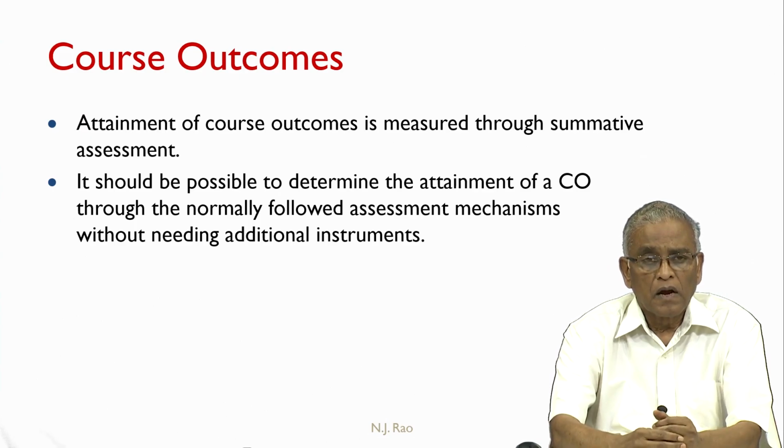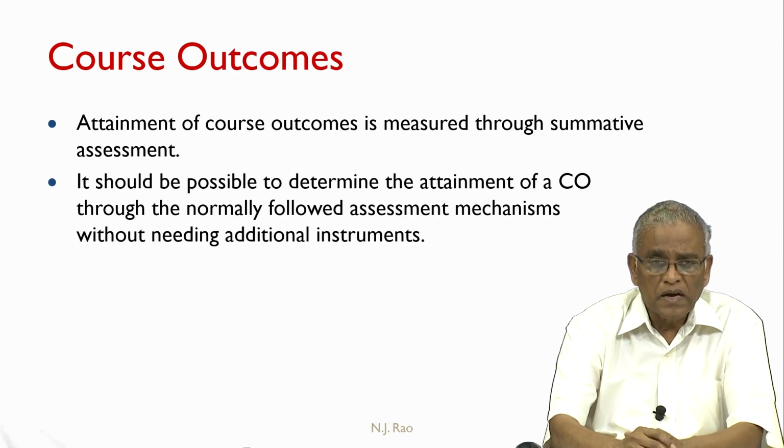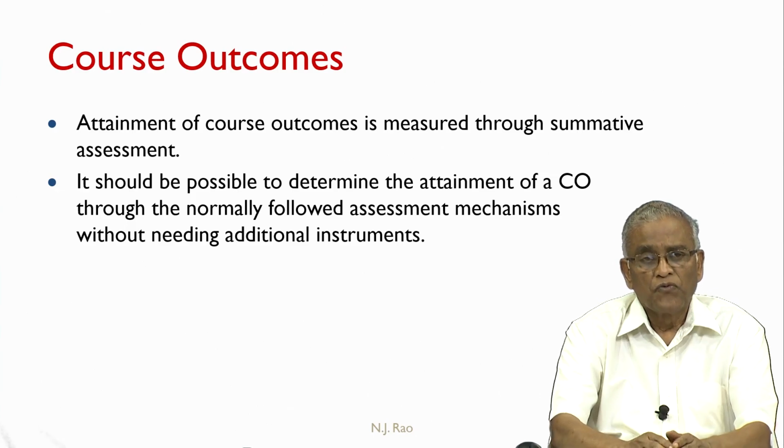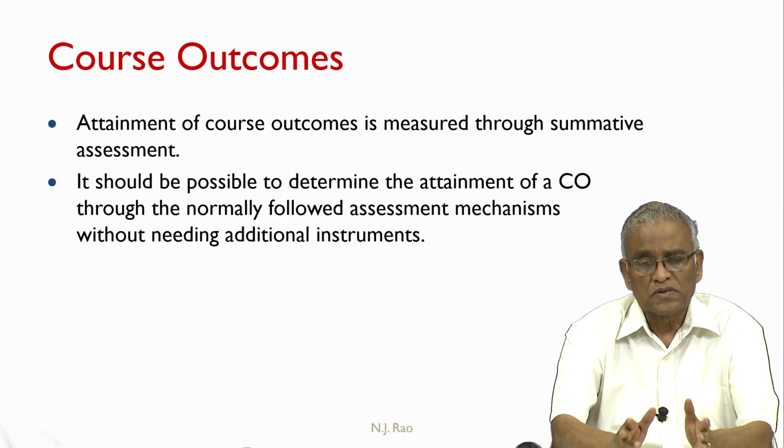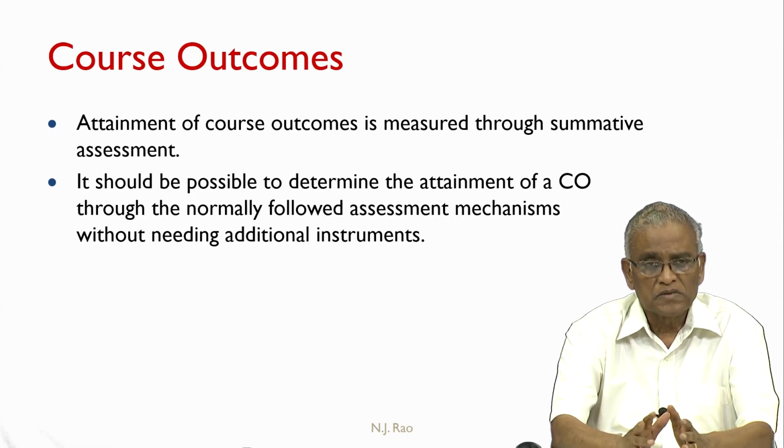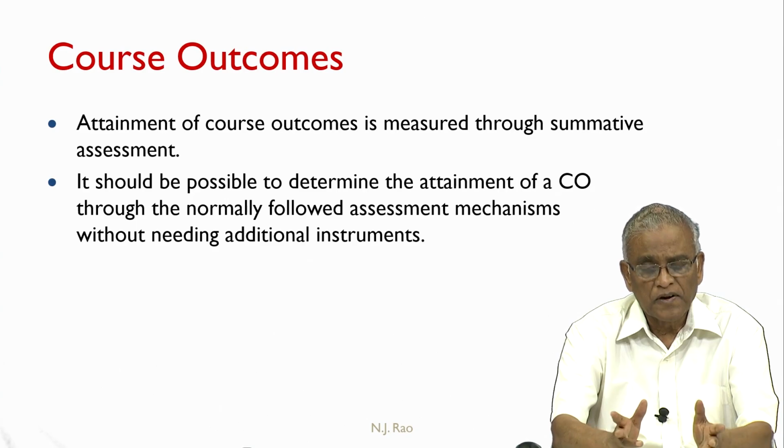And now what we suggest is, we should not be asking for some other kind of instrument to measure the attainment of course outcomes. That will not work, because that will mean too much assessment work, evaluation work and documentation work.